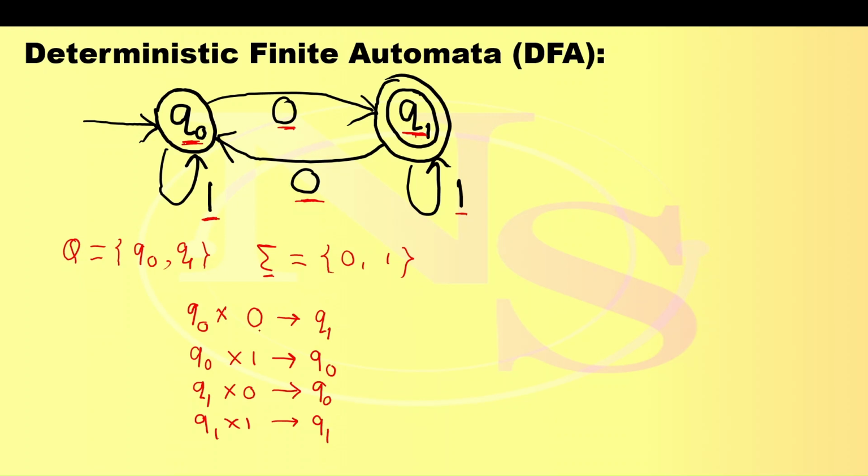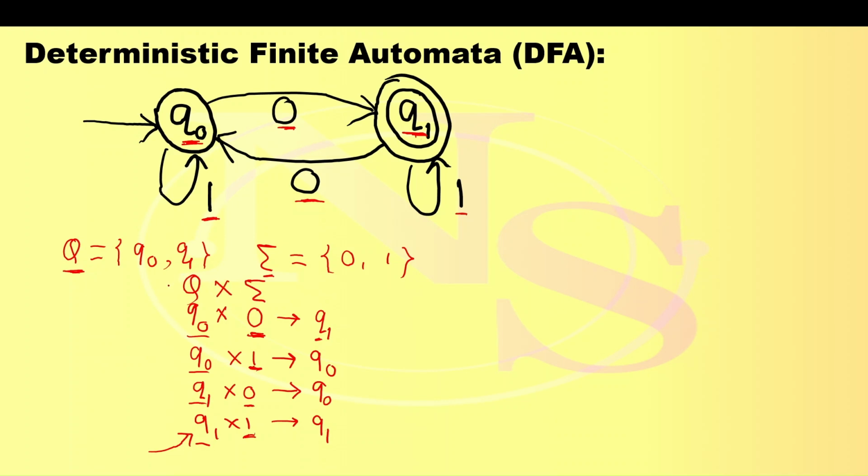Here, by reading one symbol, it goes to only one state. For 0, one state. For 1, one state. All these are from the set of states, Q0 and Q1. The set of states is represented by capital Q. The 0, 1 is nothing but the set of input symbols, so I can say sigma.